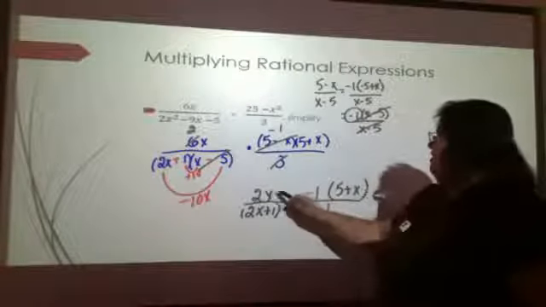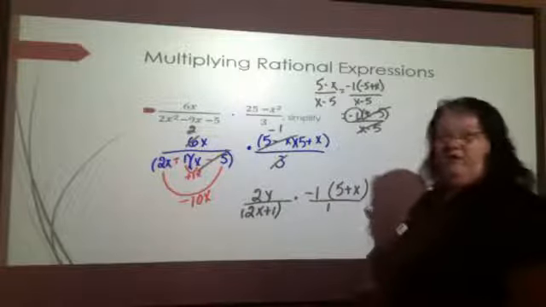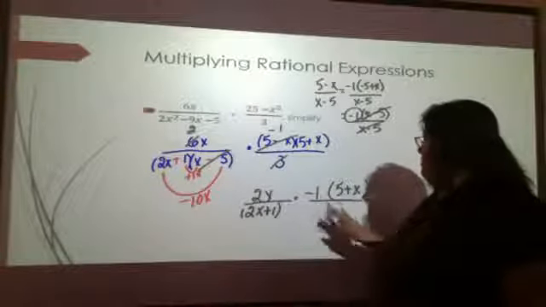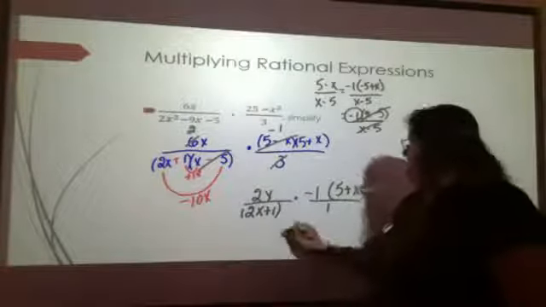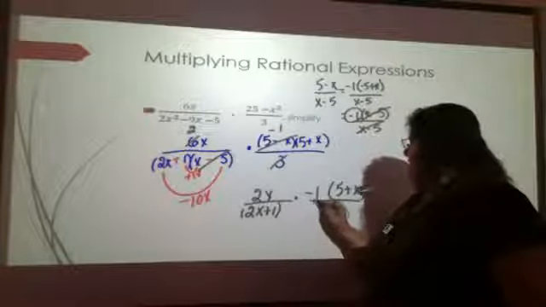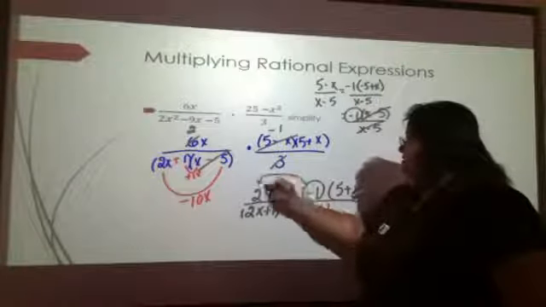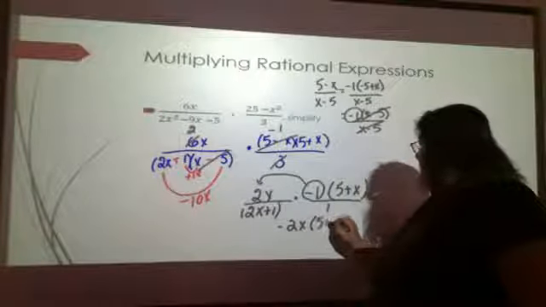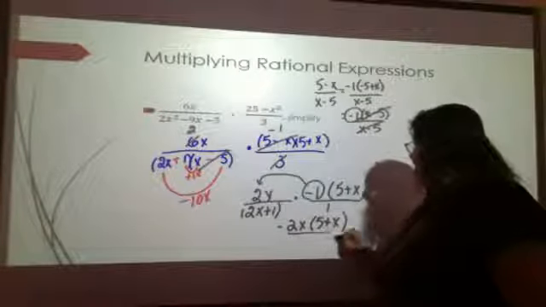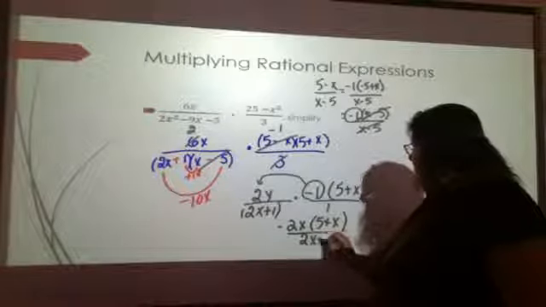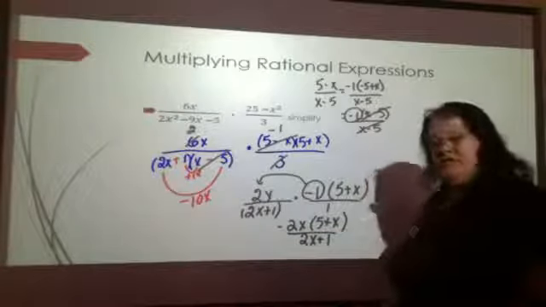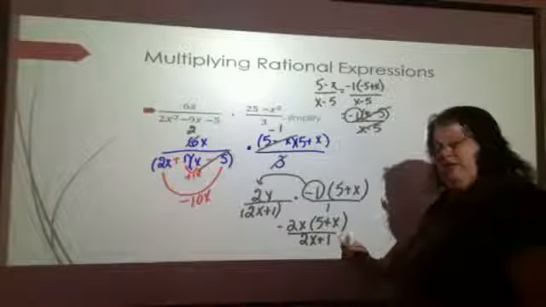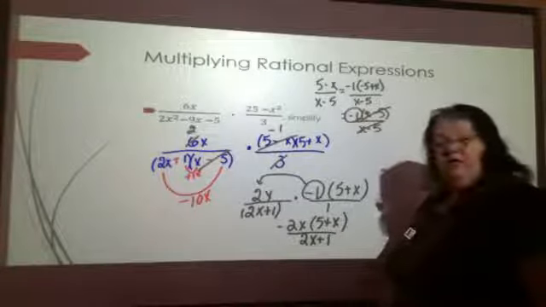Some will have you go ahead and distribute and multiply everything on top. Some will have you just leave it as is. So I'm going to go ahead and simplify a little bit. I'm going to take this -1, multiply it by my 2. So I would ask your teacher, do they want you to multiply these tops together or leave it simplified like this?